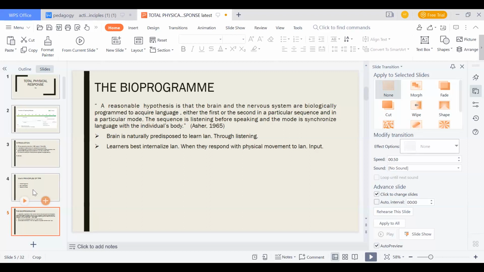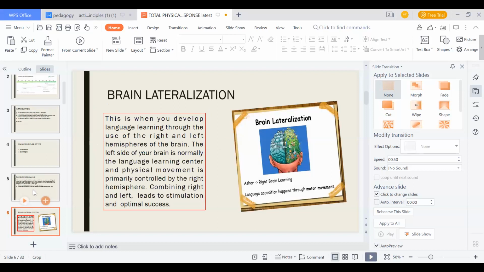He says human beings are programmed to learn a language: first listening, comprehending next, then physically responding, and then to speak. Okay, that is one.